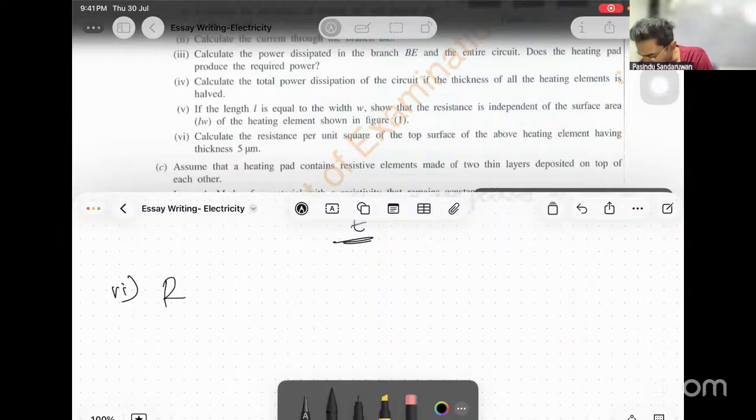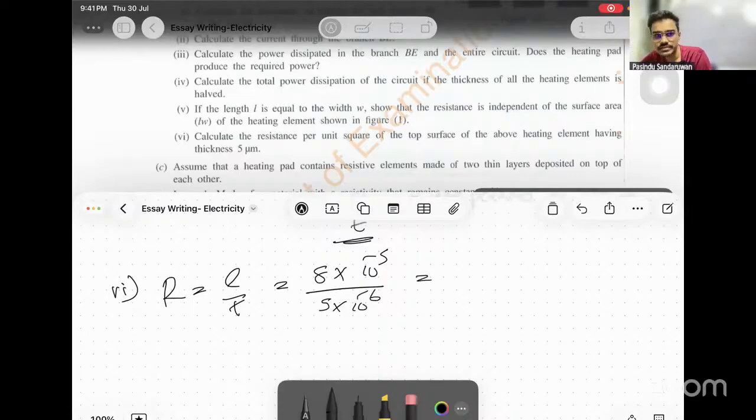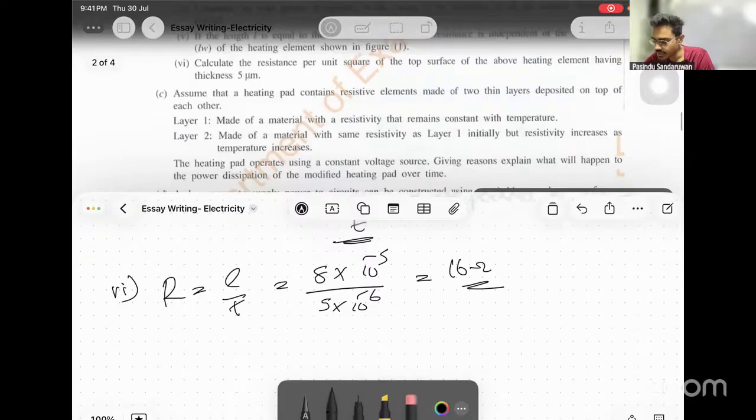Then R equals rho over T. Rho was given before, 8 times 10 to the minus 5. Our thickness now is 5 micrometers, 5 times 10 to the minus 6. Then 16 ohms. That part is done.